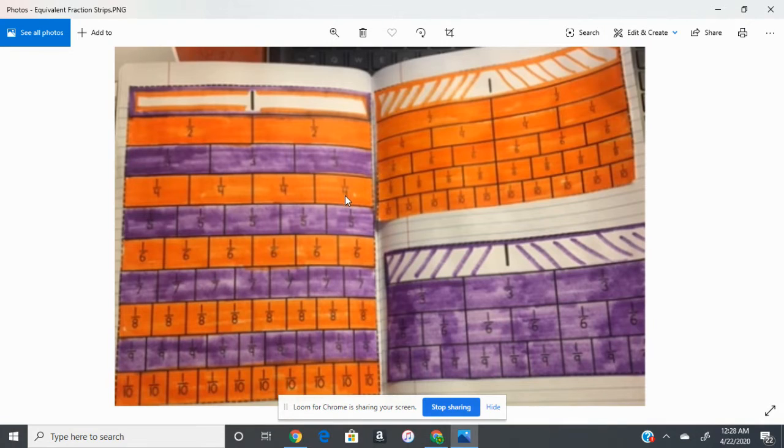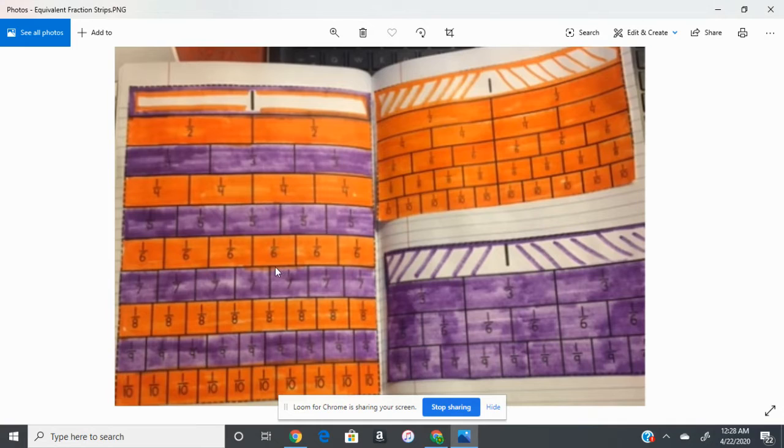Because remember, 4/4 makes a whole, 3/3 makes a whole, 2 halves makes a whole. There needs to be 5 1/5 to make a whole, 6 1/6, 7 1/7, 8 1/8 pieces, 9 1/9 pieces, and 10 1/10 pieces.